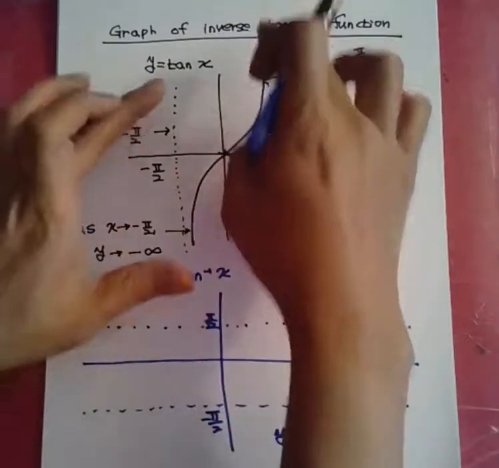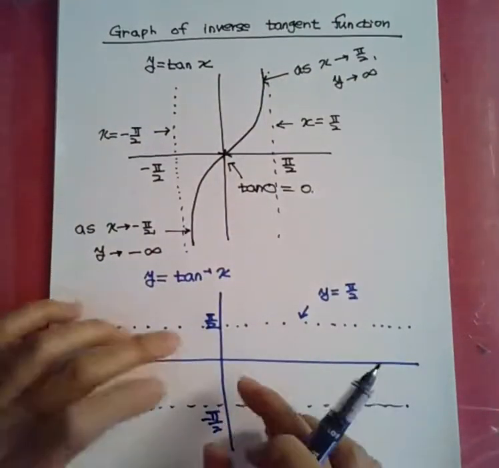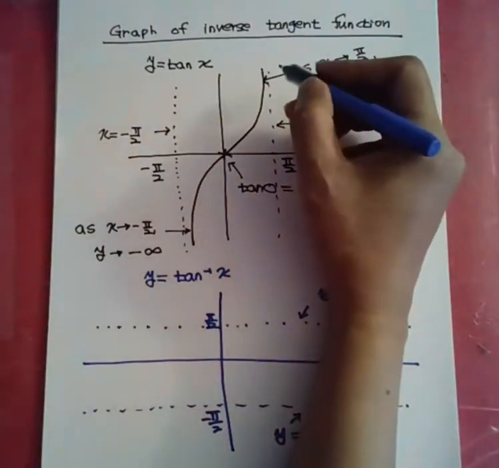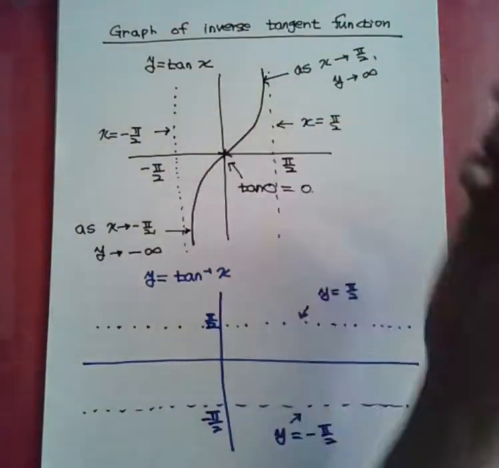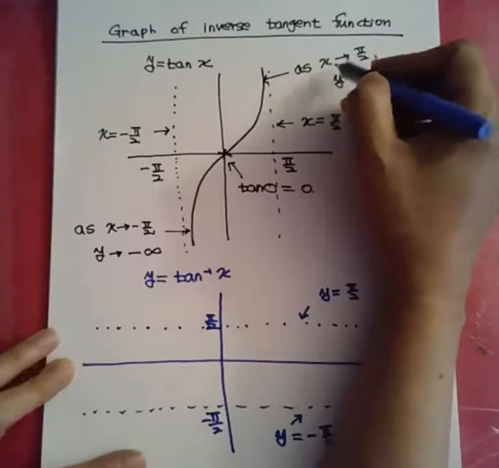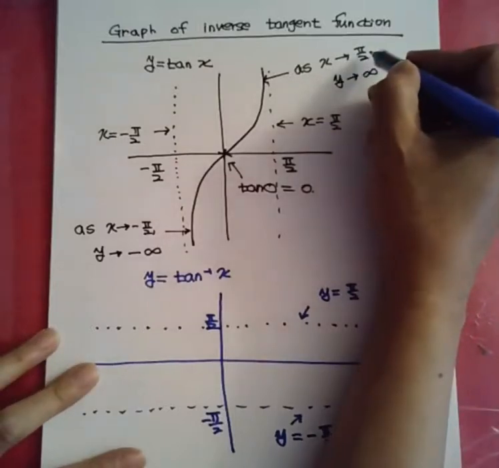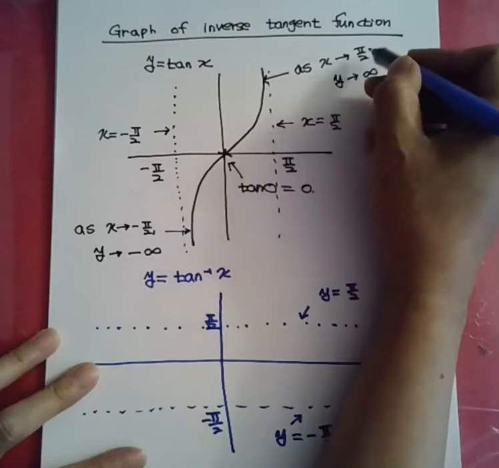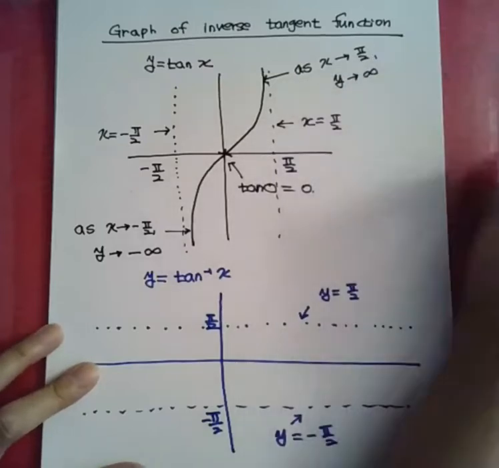Those were asymptotes, so we will convert these asymptotes to horizontal ones. So as x goes to pi over 2 will become y goes to pi over 2 as x goes to infinity.